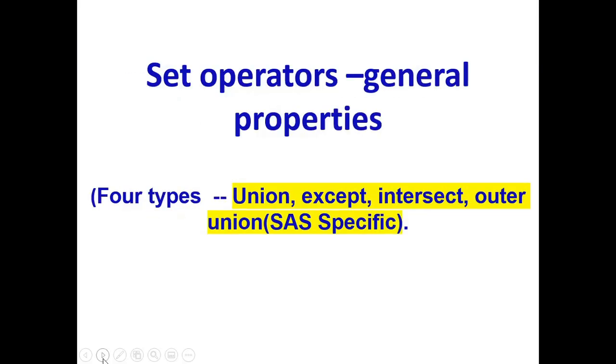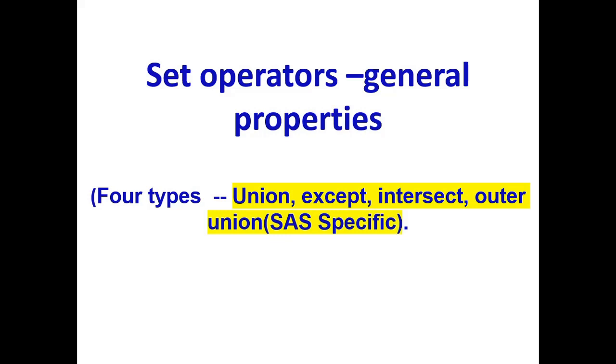Now, let's get into the general properties of set operators. Before going into that, I would like to cover the types of operators. There are 4 types, and they are union, except, intersect, and outer union. If you see here, I have mentioned outer union as SAS specific.